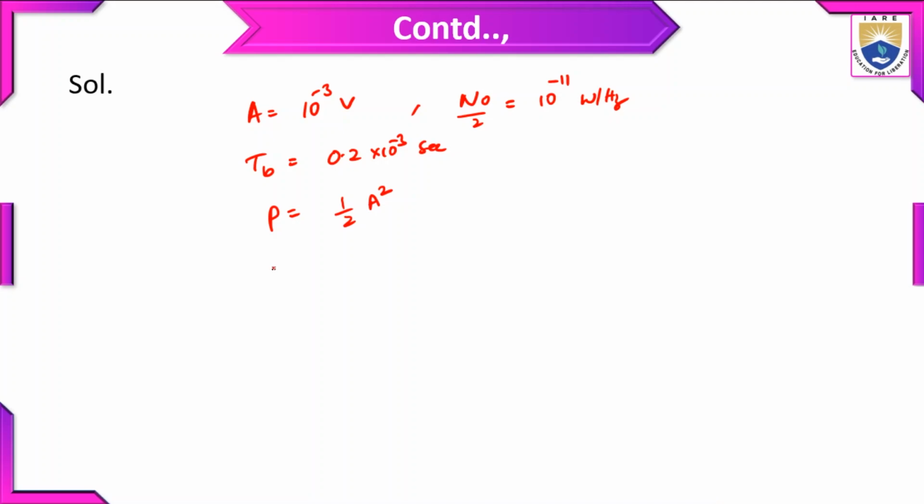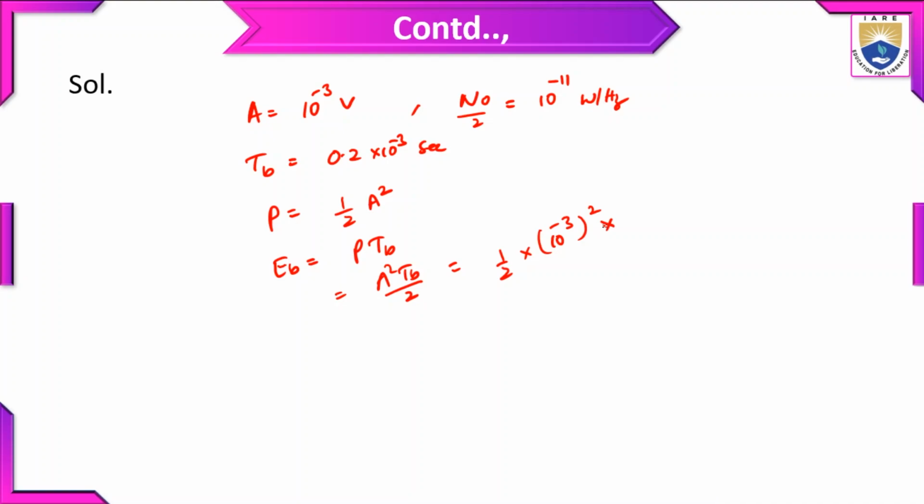So bit energy, EB, energy per bit, is equal to P TB. So EB is equal to A square TB by 2. This is energy per bit. So what is A? Amplitude, 10 power minus 3 volts. So 1 by 2 put outside, and 10 power minus 3 whole square into TB.